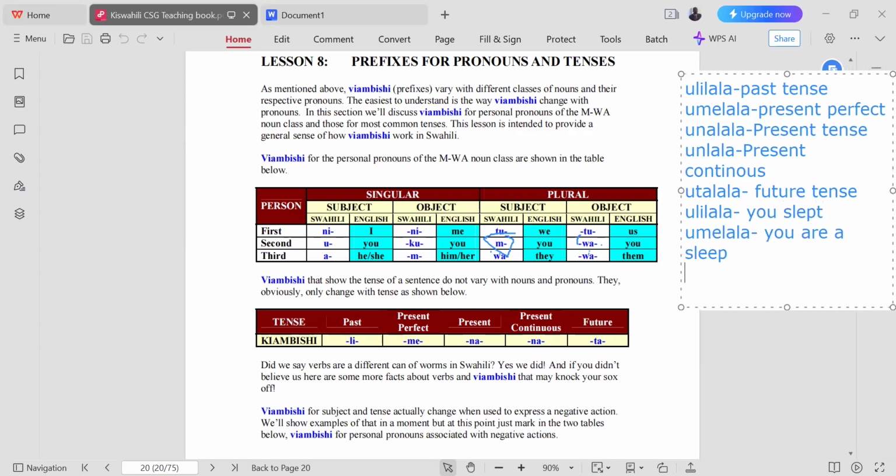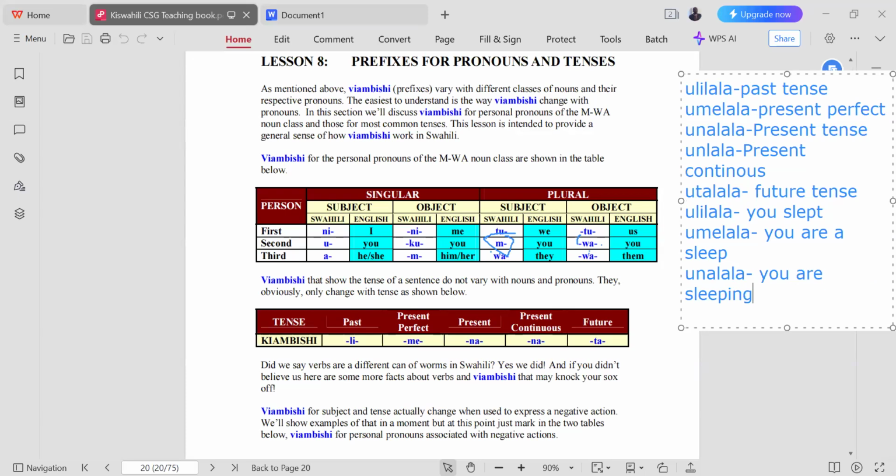When you say unalala, that means you are sleeping. When you say utalala, that means you'll be sleeping.